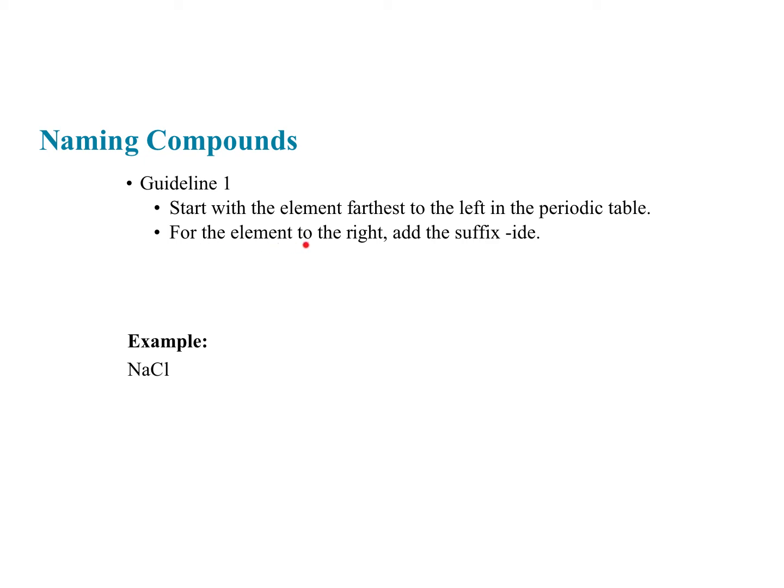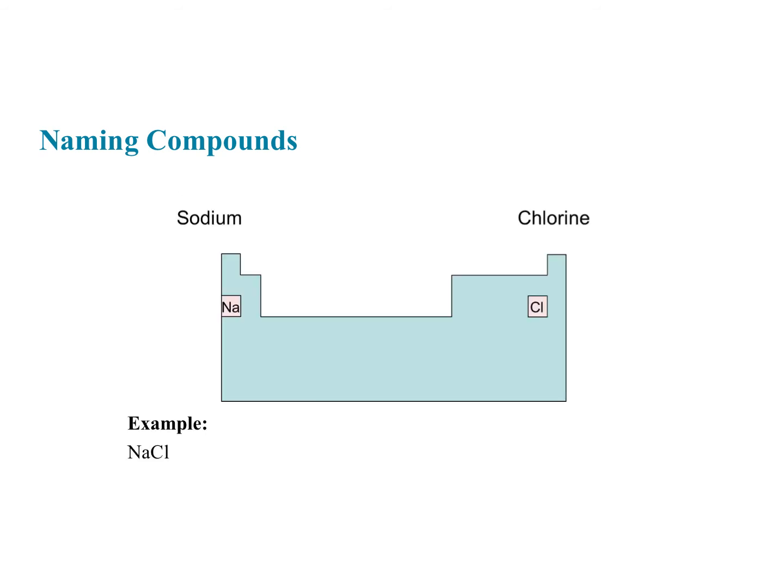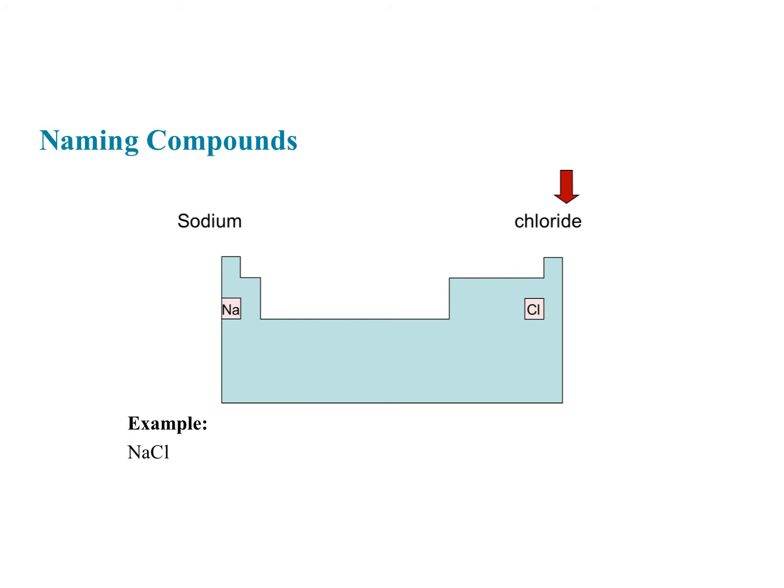And for the element to the right, you add the suffix IDE. So I'm looking at sodium and chlorine in the periodic table. Sodium is the one on the left. Chlorine is the one on the right. So when I combine them, I want to add that IDE so I get sodium chloride. And so NaCl is sodium chloride. And of course, again, that's just table salt.